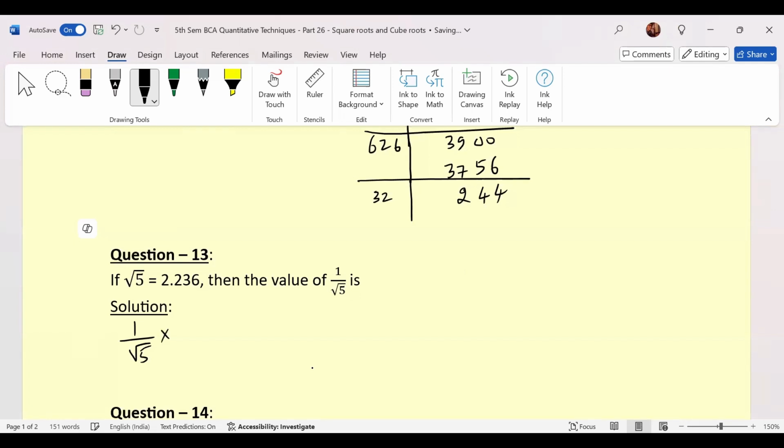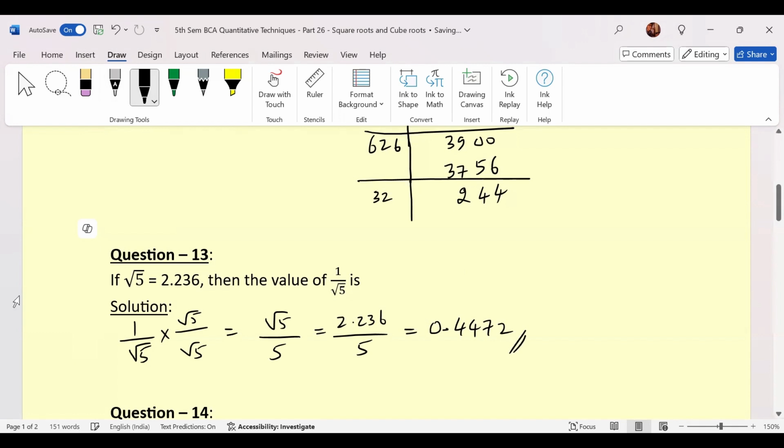We will multiply numerator and denominator by root 5. We will get root 5 divided by 5. Root 5 is given in the question as 2.236, divided by 5. Now if we divide, we will get 0.4472. That is the solution for this.